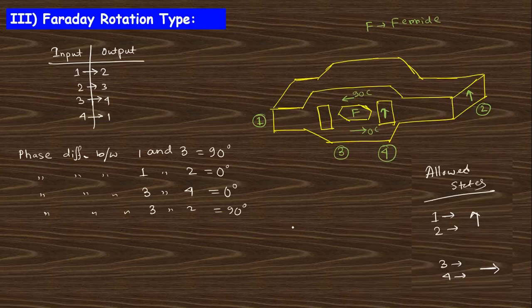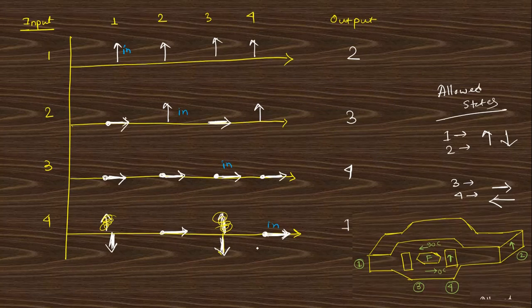Clear? This is allowed and this is allowed. So this is a clockwise rotation in port 3, and you can see this is not allowed, this is not allowed, only this is allowed, so the output comes through port 1. I think that is clear. If there is any doubt, you must comment in the comment box.